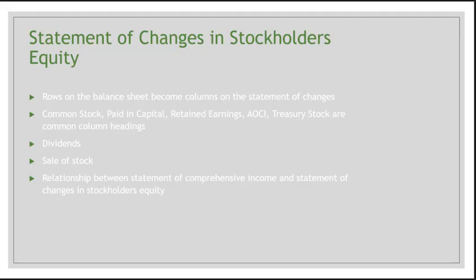We now know what other comprehensive income is. This is the accumulated. So now we have two pieces: retained earnings, which is where net income goes, and accumulated other comprehensive income, which is where other comprehensive income goes. And then we have treasury stock as well, which is always a contra account. It's always a negative. It's always going to reduce our stockholders' equity.